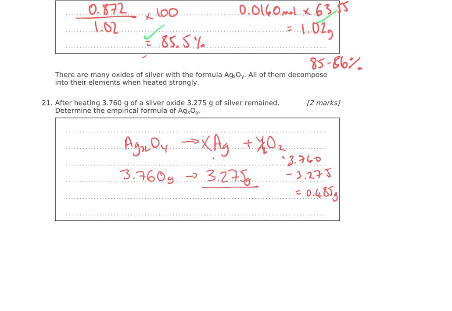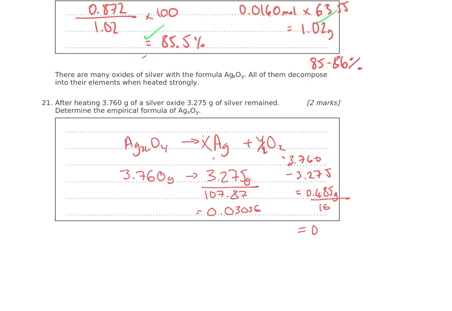And then we're working out our ratio of Ag to O. So we're going to divide this by our MR of Ag, which is 107.87, which is going to give me 0.03036 moles. And then this is going to be divided by 16, because for the empirical formula we're just using one atom, we're not using the O2.